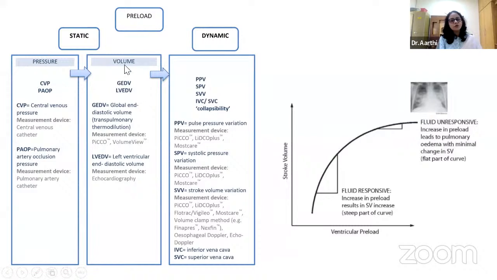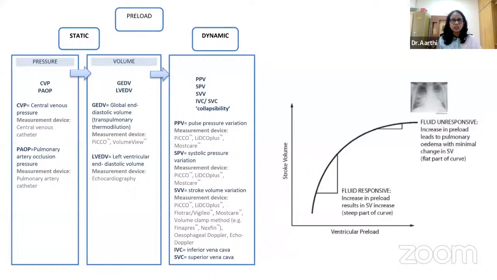Then come your dynamic parameters. Static parameters also include global end diastolic volume and left ventricular end diastolic volume. These are all measures used to assess the static pressures. Now, the dynamic hemodynamic monitors are the pulse pressure variation, the systolic pressure variation and the stroke volume variation.